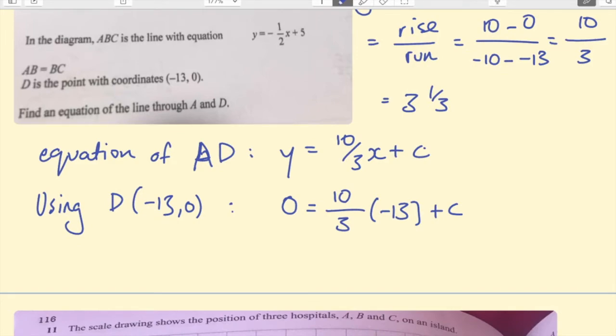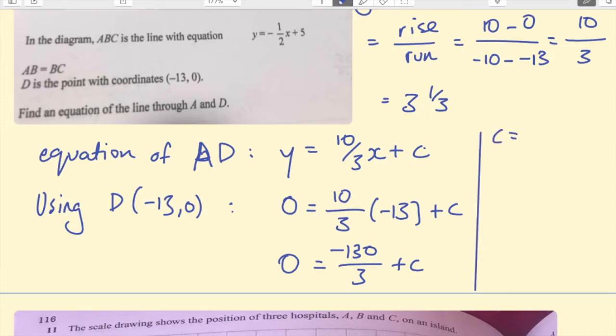So 10 over 3 times -13, that's going to be, what's the easiest way to do this? That's going to be -130 over 3 plus c.